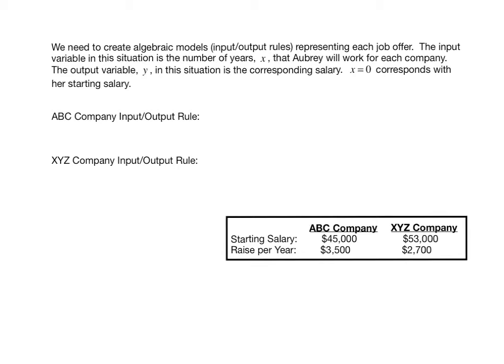Well, her salary y will equal, she's starting with the ABC company, she's starting with 45,000, and then you're adding on each year 3,500. So over x years, she'll add on 3,500x. Notice this equation is technically of y equals mx plus b form. Y equals, the 45,000 is technically the b plus mx.